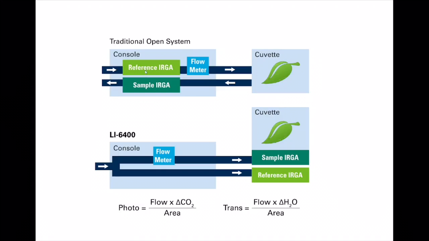6400 is that the reference and sample analyzers are not located in the console. They are located up in the sensor head, and in fact the sample analyzer is located within the mixing volume of the leaf, which ensures that we get real-time measurements of our photosynthesis and transpiration rates. There are no delays.